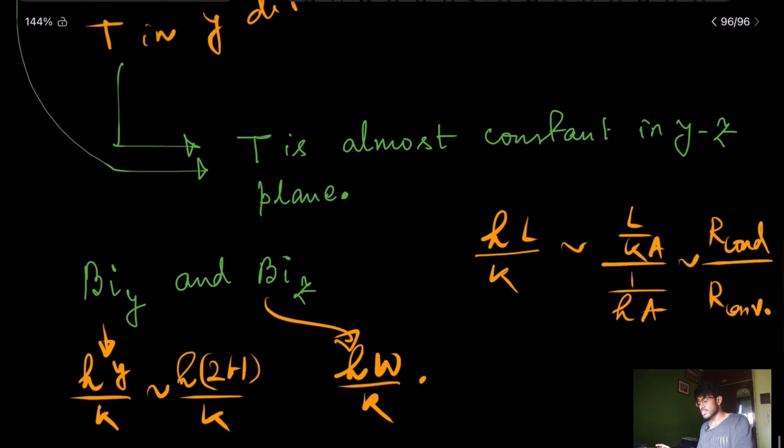So if the Biot number is very small, that means my conduction resistance is very small compared to the convection resistance. That was the case when you can consider a body to undergo lumped parameter analysis. In lumped parameter analysis, we take into account that the temperature profile is constant throughout the body.